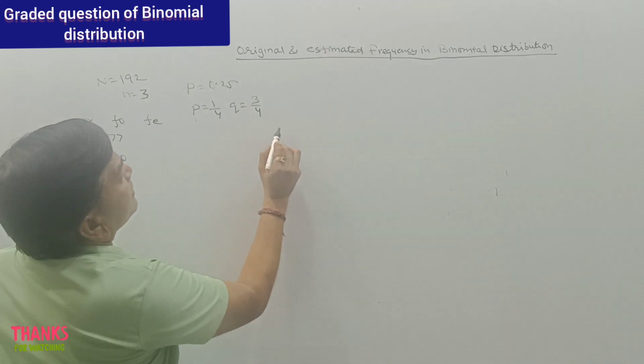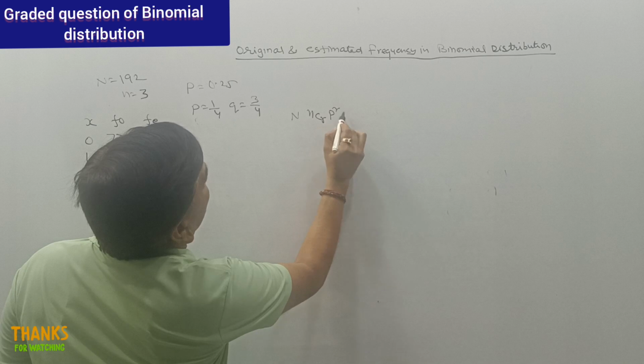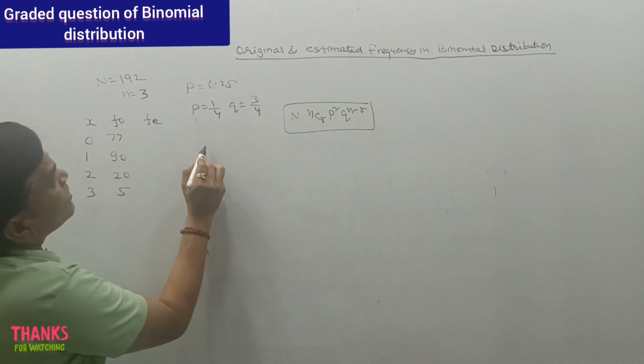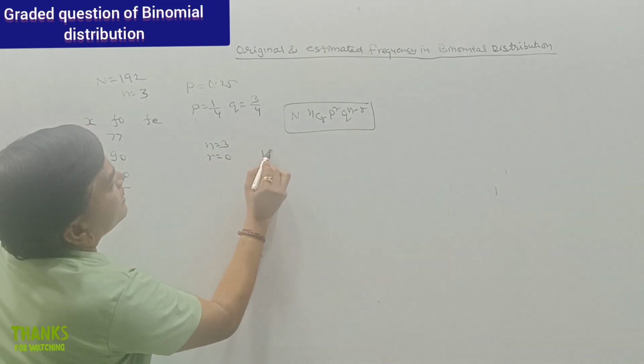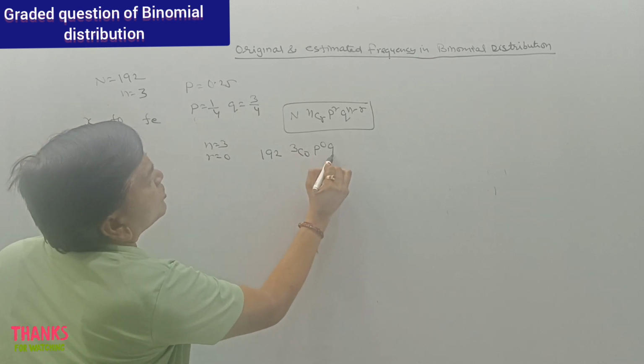Here we use nCr p^r q^(n-r). This is the Bernoulli theorem. So n is equal to 3, r is equal to 0. So 192 × 3C0 × p^0 × q^3, that is 192 × (1/4)^0 × (3/4)^3.